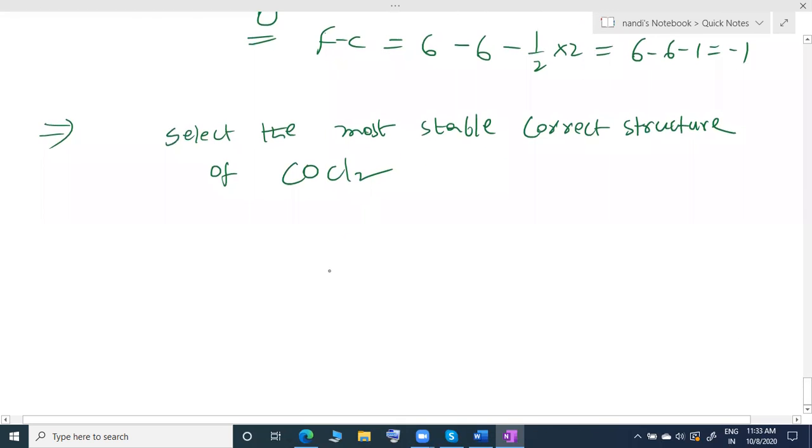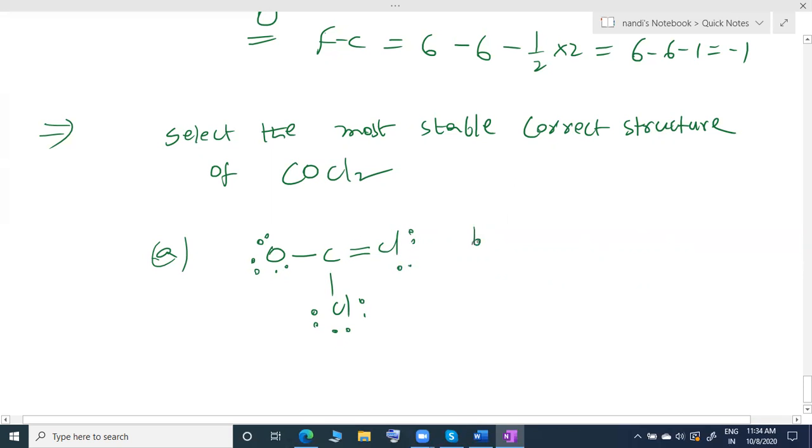So neutral molecules are anyway stable. They gave option A: oxygen, carbon, double bond Cl, Cl. So here 3 lone pairs, and here also 3 lone pairs. Here 2 lone pairs.